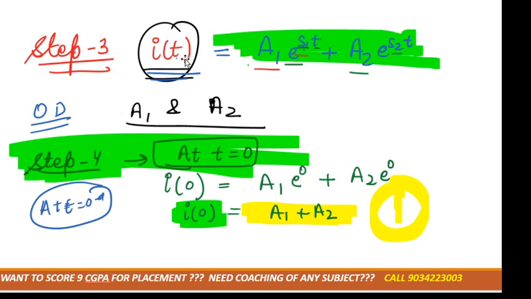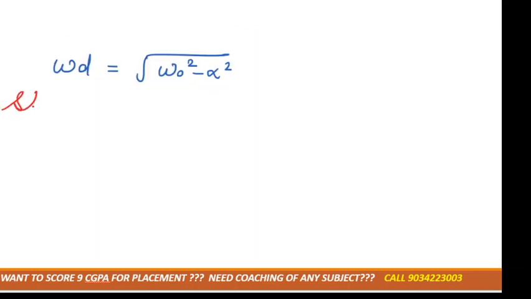Now for the overdamped, step number 3 is we need to calculate the current equation, right? For this also, for step number 3 we have to calculate the current equation. For this, the current equation is different from the overdamped.